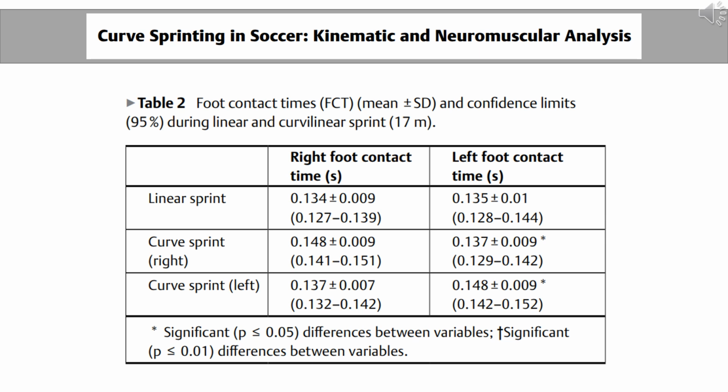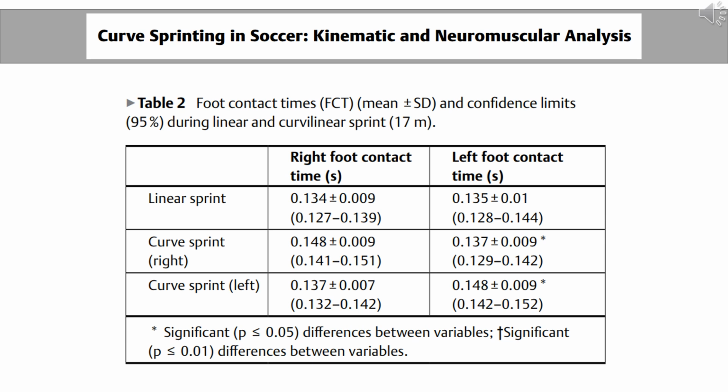Curve sprinting assessment is typically done using either the curve on the centre circle in a football pitch or on the edge of the penalty box. What we see here is that for these particular football players, we've got ground contact times during a 17-meter linear sprint of around 0.13 to 0.14. So we're talking about very, very fast stretch shortening cycle mechanics here.